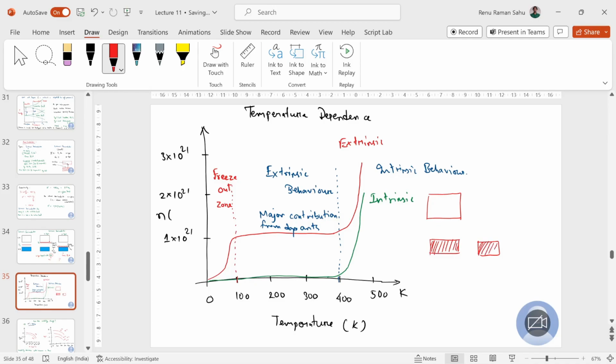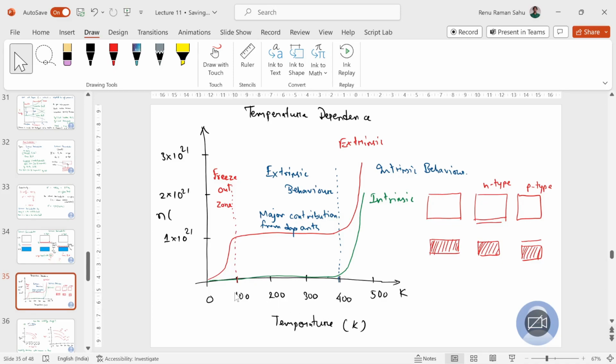If it is n-type, which is extrinsic, where will the donor level be? The impurity energy level will be somewhere here. And if it is p-type, the acceptor energy level will be somewhere here. Now we are trying to increase the temperature.